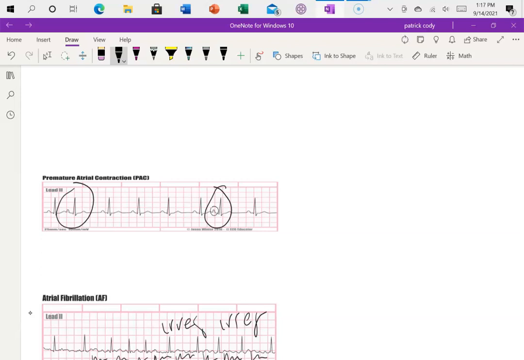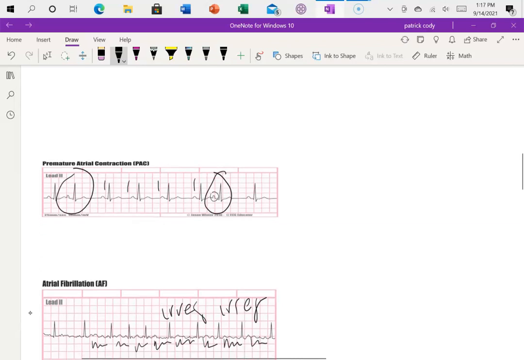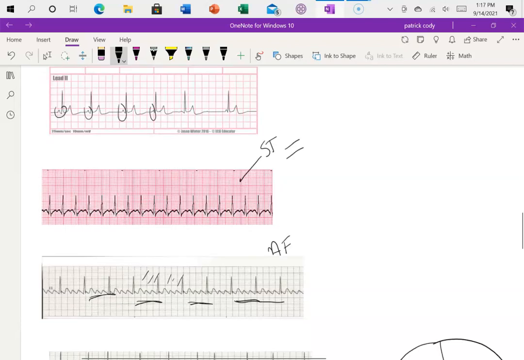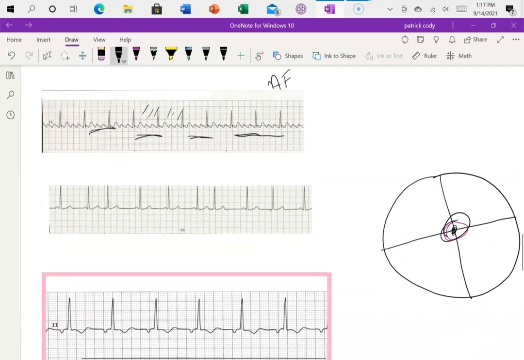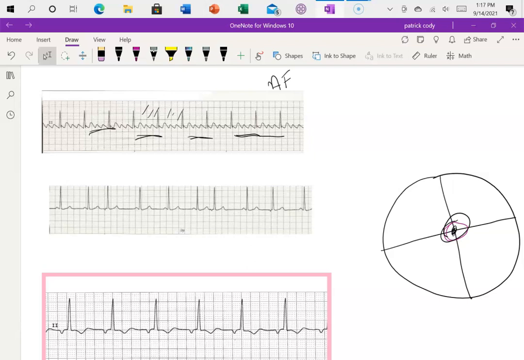And it's a P wave that's different than our baseline P wave, which is here and here and here and here. So that's our clue that it's atrial. So let's say you had this same thing, but instead of seeing a P wave, you didn't see one at all. Then that would be junctional. Okay, so as we move our way up here, here's another example of a junctional premature contraction, a PJC, premature junctional contraction.